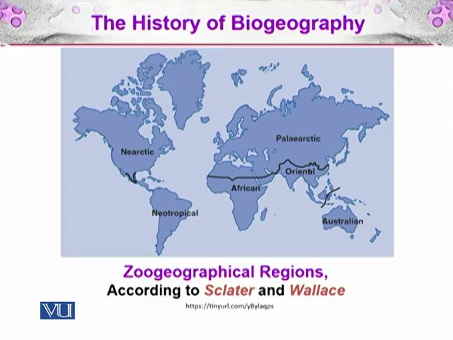Here you can see the zoogeographical regions according to Sclater and Wallace: the Neotropical, Nearctic, African, Oriental, Australian, and Palearctic regions, the six realms that he devised.